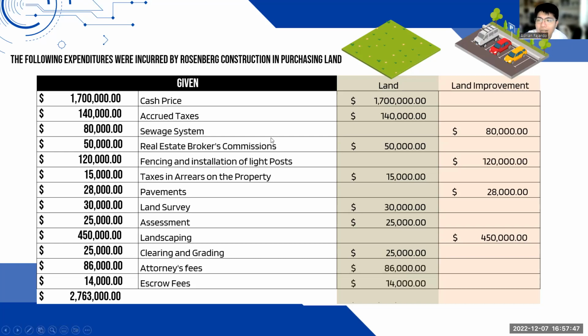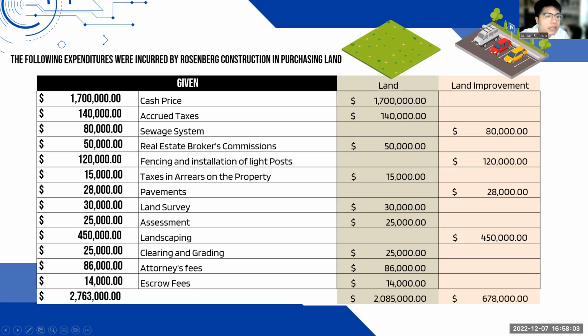Now that you're done categorizing, it's just a matter of adding. If you add all of these, you will arrive at 2.085 million in land and 678,000 in land improvement.